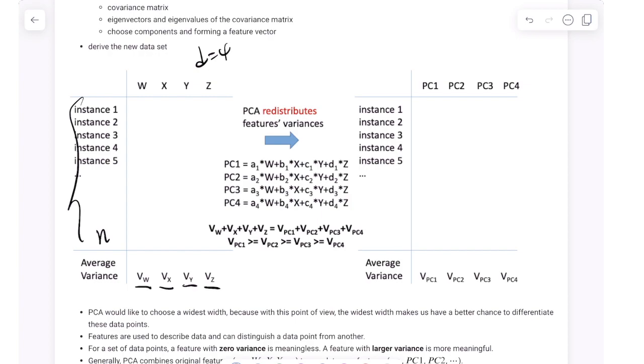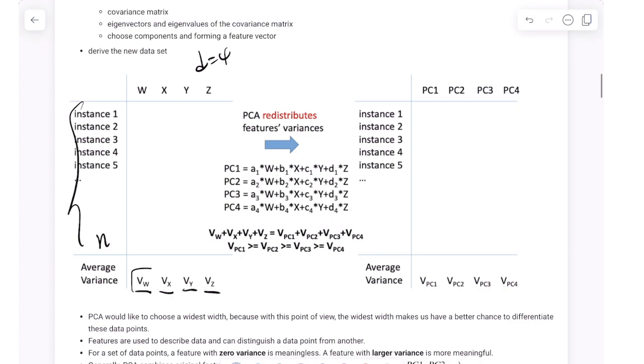So when you rotate the data, the distance between each pair of the data points does not change. And if all the relationships are still the same, which means all the distances do not change, then when you rotate the data, the sum of the variance will not change.